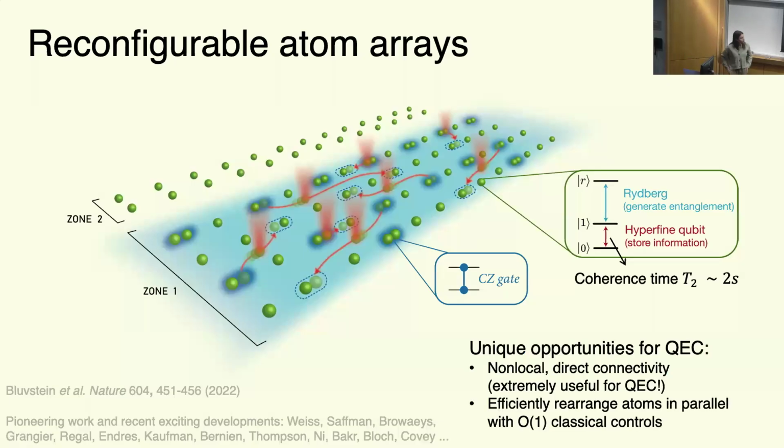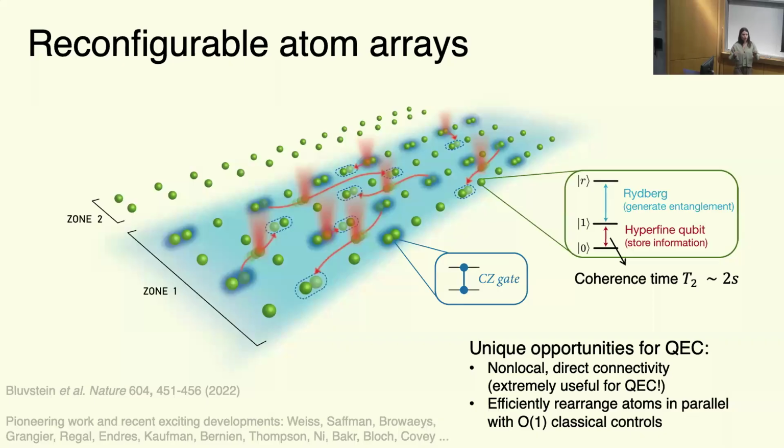This platform has some really unique opportunities for quantum error correction that were developed in my group while I was doing my PhD. The one that I really want to stress is that of non-local connectivity that can be really efficiently classically controlled. Basically, we have the ability to pick up a group of qubits all in parallel and then reconfigure them during the computation and move them around.